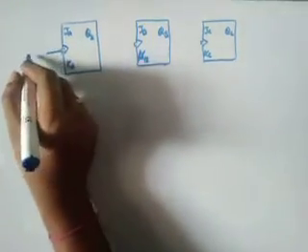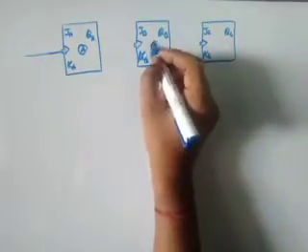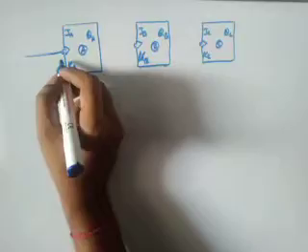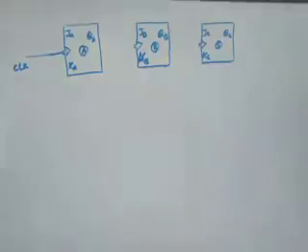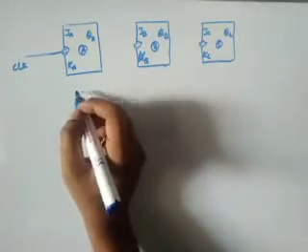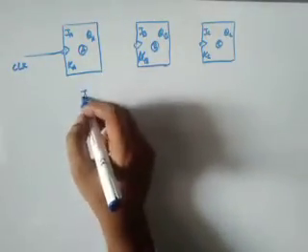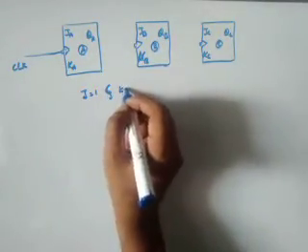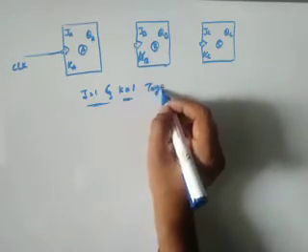If this is A, this is B and this is C, the first clock pulse will be given to the first flip-flop, flip-flop A. As we have seen previously, for J equal to 1 and K equal to 1, our flip-flop will be in the toggling state.